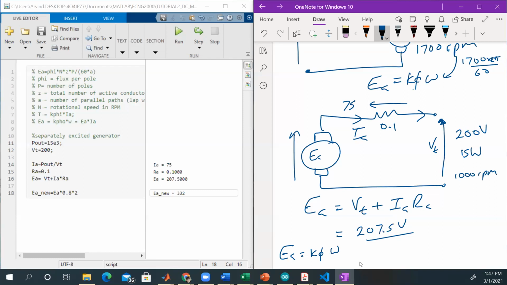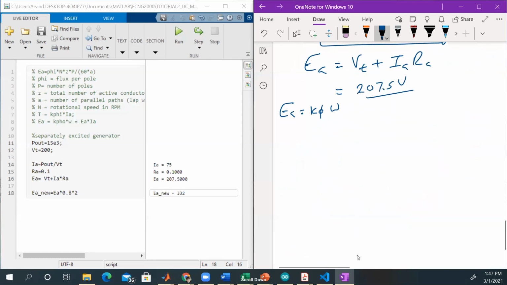So the new EA is equal to K phi by 0.8 by omega by 2, right? So that is your new EA there. And that is 332 volts.